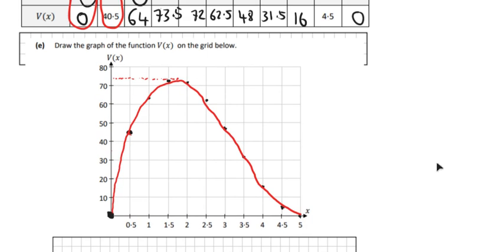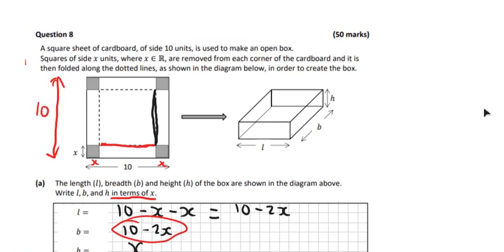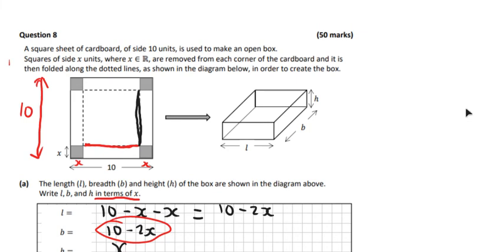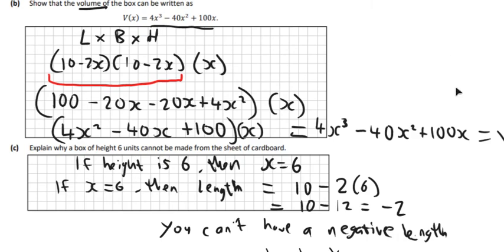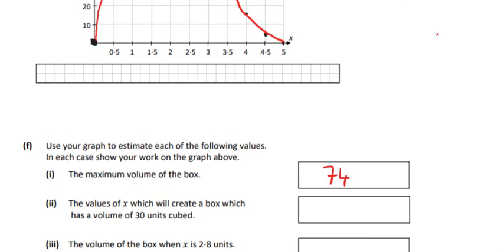And it's just, is it units squared? Yeah, in the first part it was in units, so it'll just be units squared. Or square units, I should write.